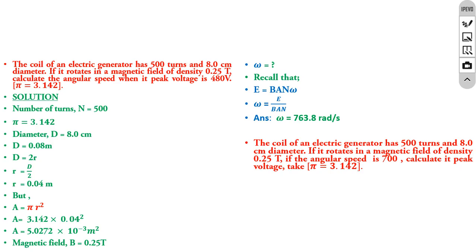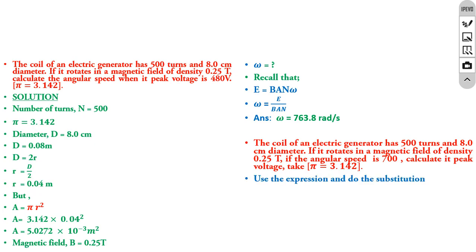If it rotates in a magnetic field of density 0.25 Tesla, assuming the angular speed is 700 radians per second, though I didn't write that, calculate its peak voltage. Take pi to be 3.142.